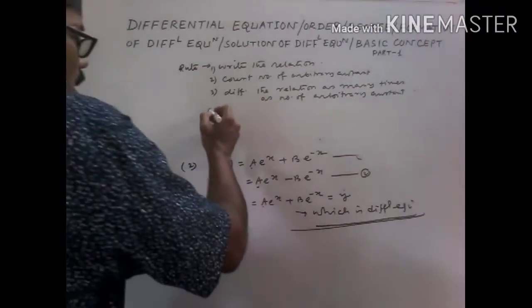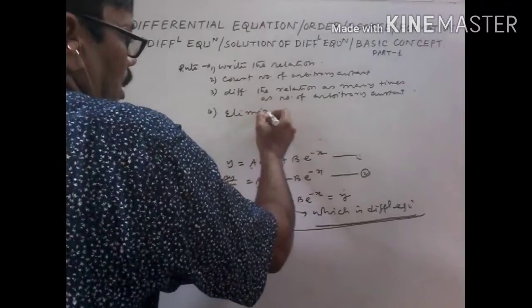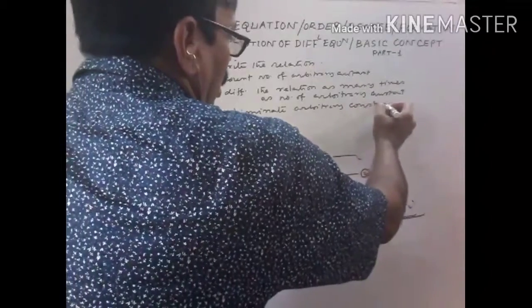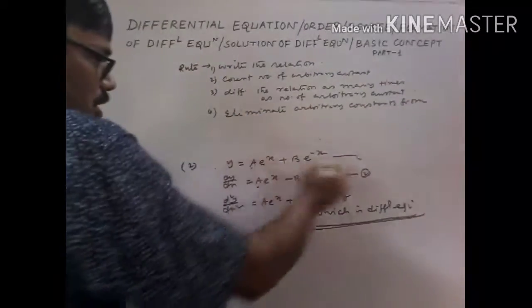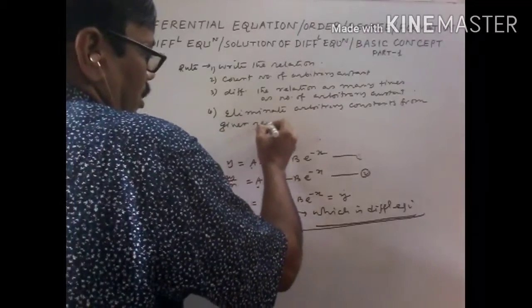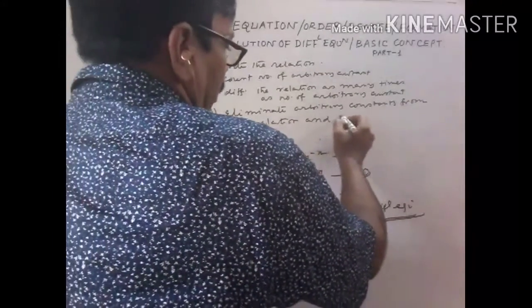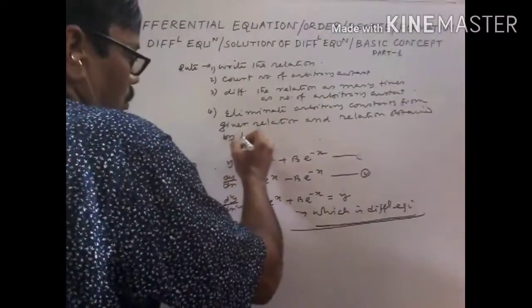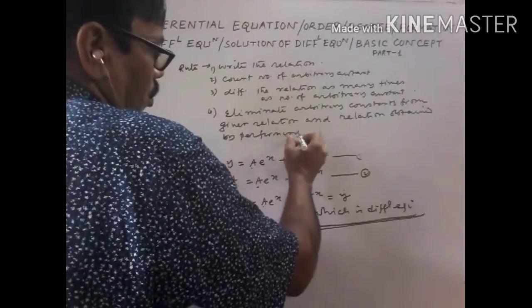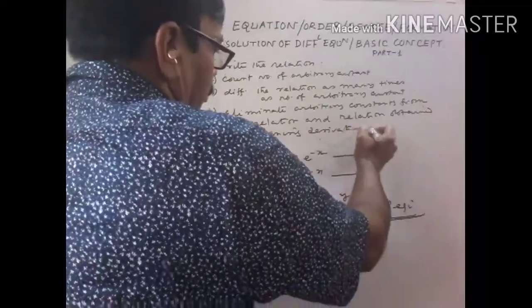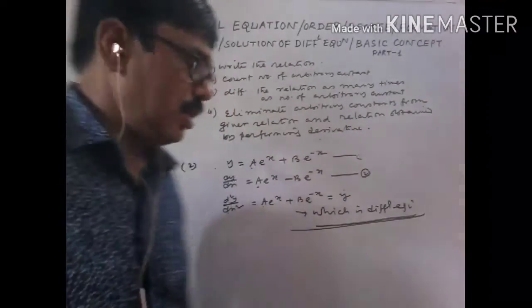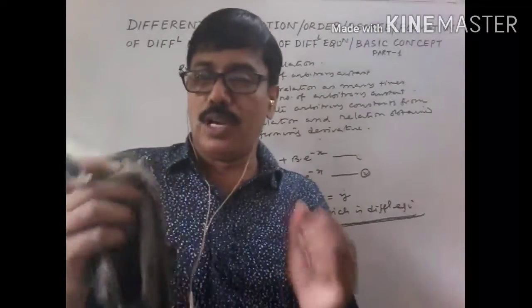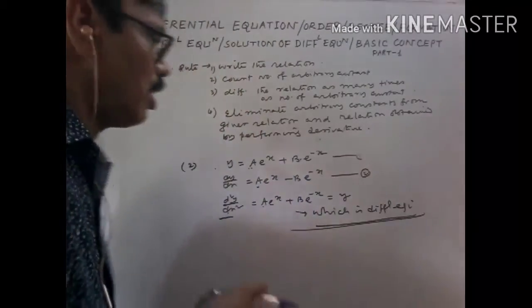Then eliminate the arbitrary constants from the given relation and the relations obtained by performing derivatives. So eliminating, you get this. If there are two constants, we get a second order differential equation. We have to eliminate only arbitrary constants.